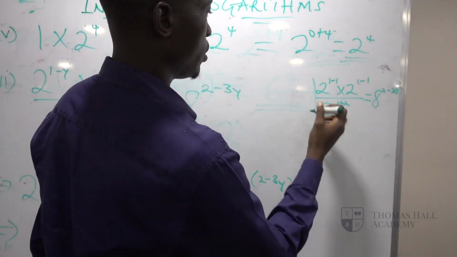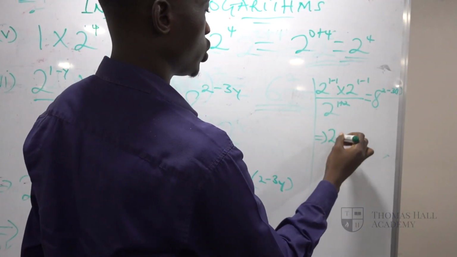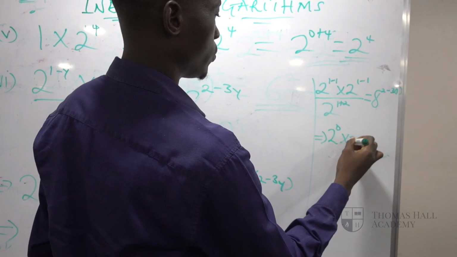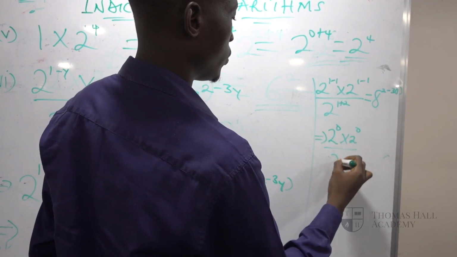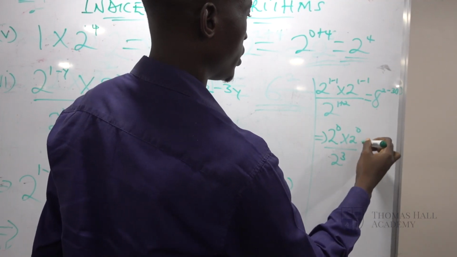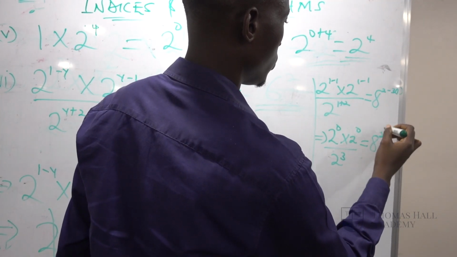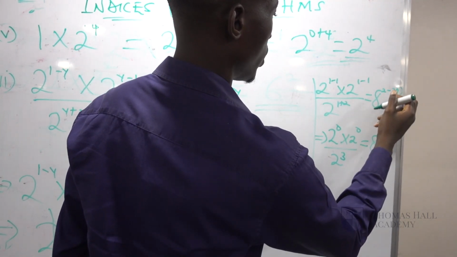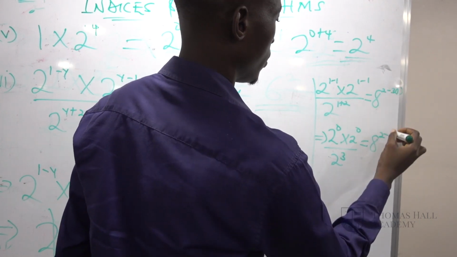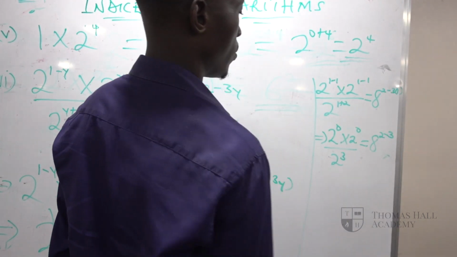Now we have it this way. 2 raised to the power 0 times 2 raised to the power 0 all over 2 raised to the power 3. They say it is equal to 8 raised to the power 2 minus 3 times 1, because our y now is 1, will give us minus 3.